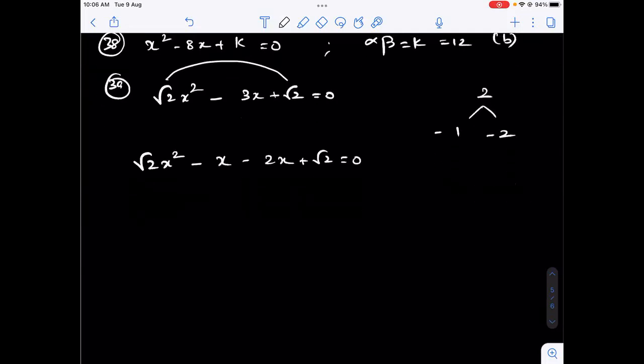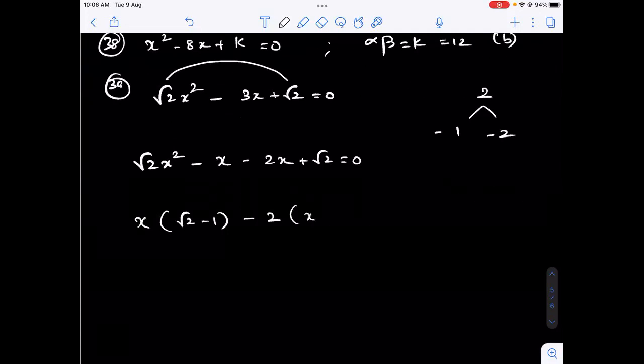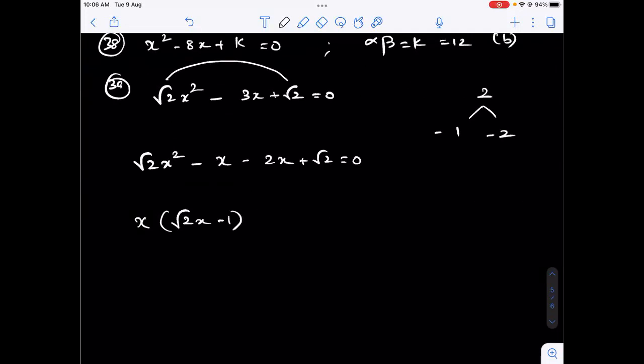Right? So if I take out x outside, I'll get root 2 minus 1. Minus, if I take 2 outside, I'll get, oh, sorry, 1 minute. I'll get root 2x minus 1 minus, if I take out root 2 outside, I'll get root 2x minus 1.